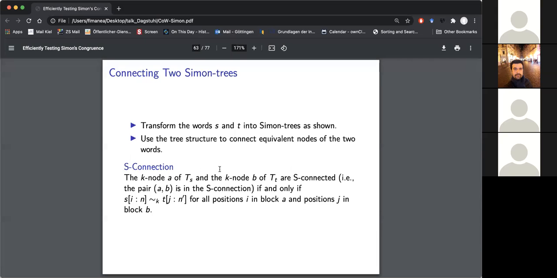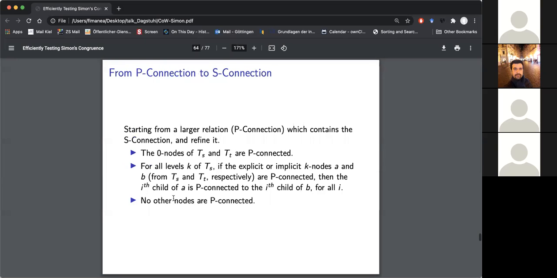The important thing that we define here is the so-called S connection, which says that 2 nodes, A and B, of these 2 respective trees are S connected if and only if the suffixes that correspond to this node are k equivalent for all suffixes that occur in these 2 blocks. And this is hard to build directly.